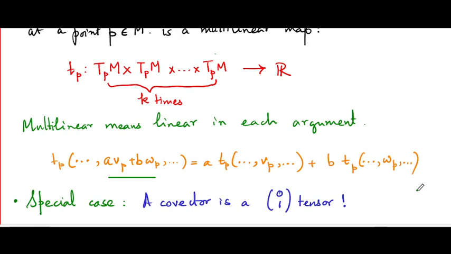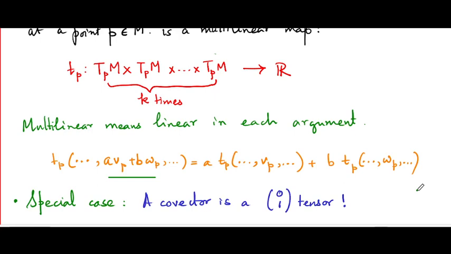So we have already met tensors before this, and we have also met another kind of tensor before this, a 1-0 tensor, the so-called contravariant tensor in the old language. We are going to talk about that later. But it should be pretty obvious what a 1-0 tensor is. That's nothing but a vector.